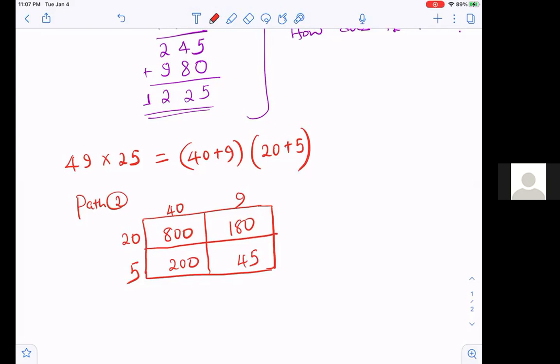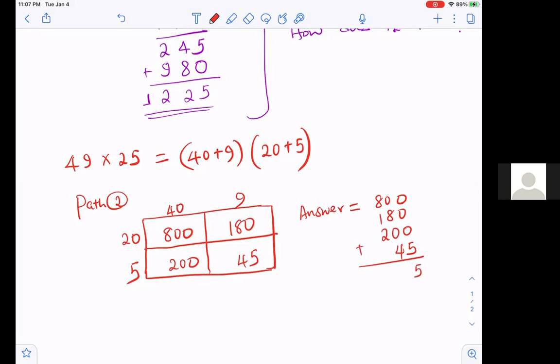So to get the final answer, we are going to add all these partial products, and we make sure that we match the digits with their corresponding place value positions.